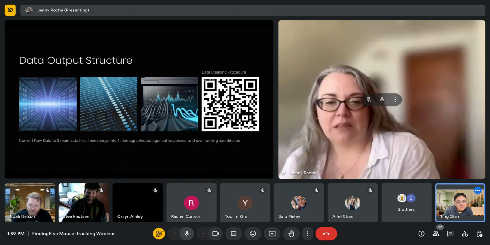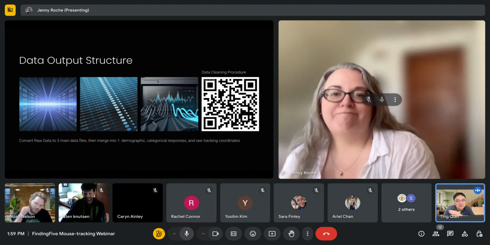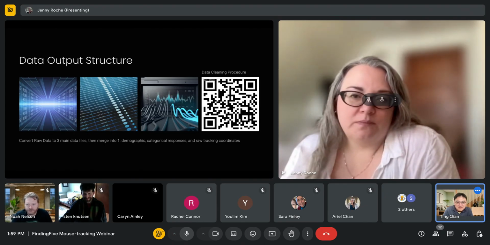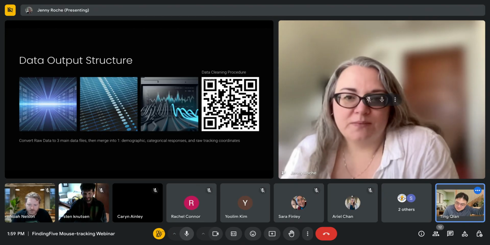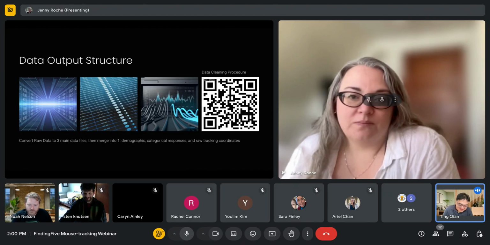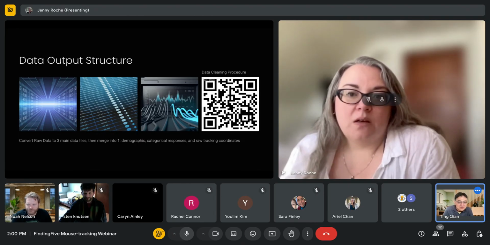Anything that stretches to 30 minutes, the data quality just drops off a cliff. So the sweet spot is probably 15 minutes. Heuristically, I have heard researchers are happier with shorter studies rather than longer ones.